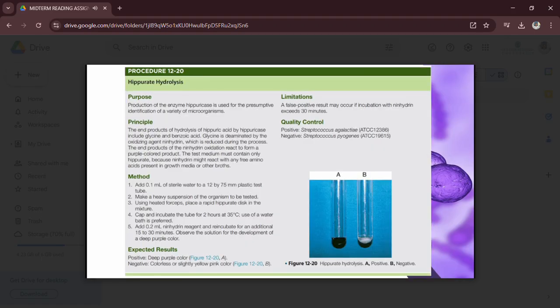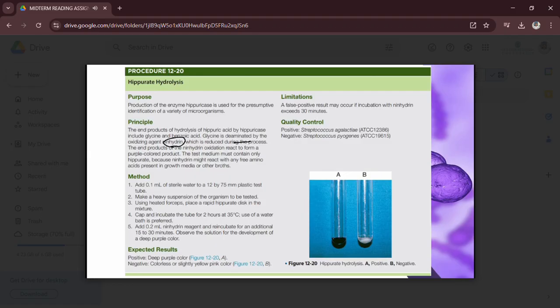Next, we have your hippurate hydrolysis, which is also useful in the presumptive identification of many organisms. Now, the enzyme responsible here is hippuricase. In the presence of hippuricase, hippuric acid will be hydrolyzed, forming your glycine and benzoic acid. Glycine is deaminated further by the oxidizing agent, which is ninhydrin.